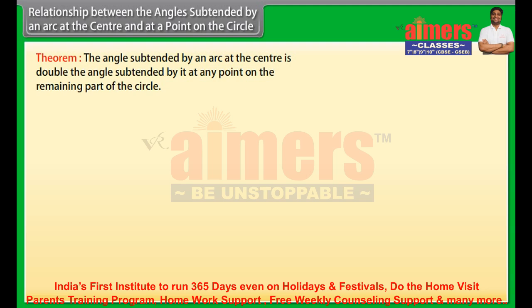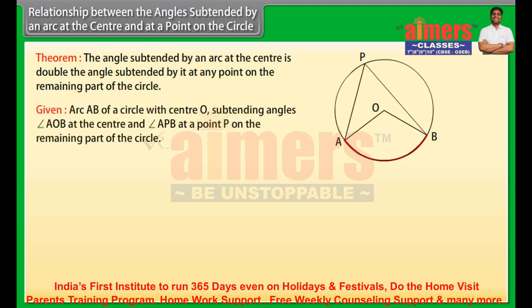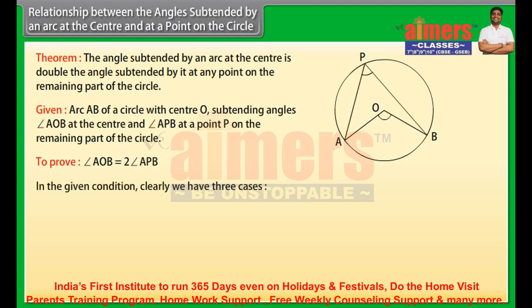Let's prove it. Given arc AB of a circle with center O, subtending angle AOB at the center and angle APB at a point P on the remaining part of the circle. To prove, angle AOB is equal to 2 times angle APB. In the given condition, clearly we have three cases.